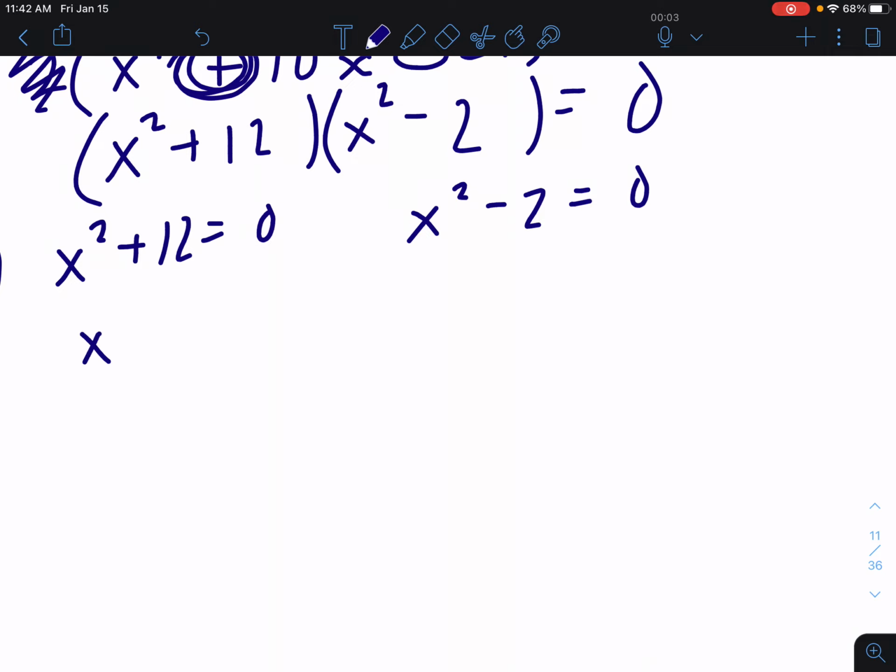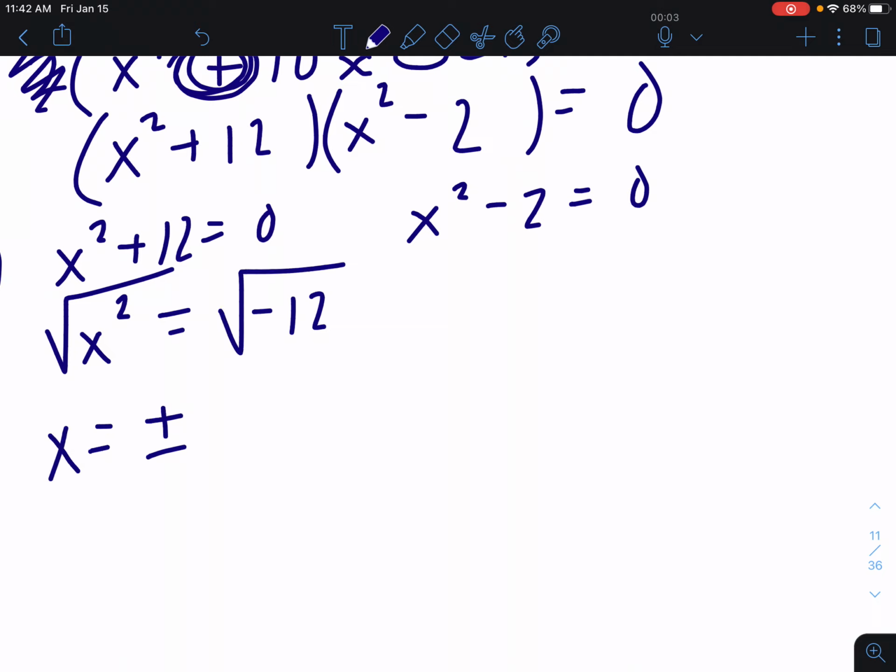The first one, subtract 12. Square root to get rid of the exponent. Don't forget your plus minus. There is going to be an i that comes out. And then we want to simplify the root 12. So remember, we think of the highest perfect square that multiplies into 12.